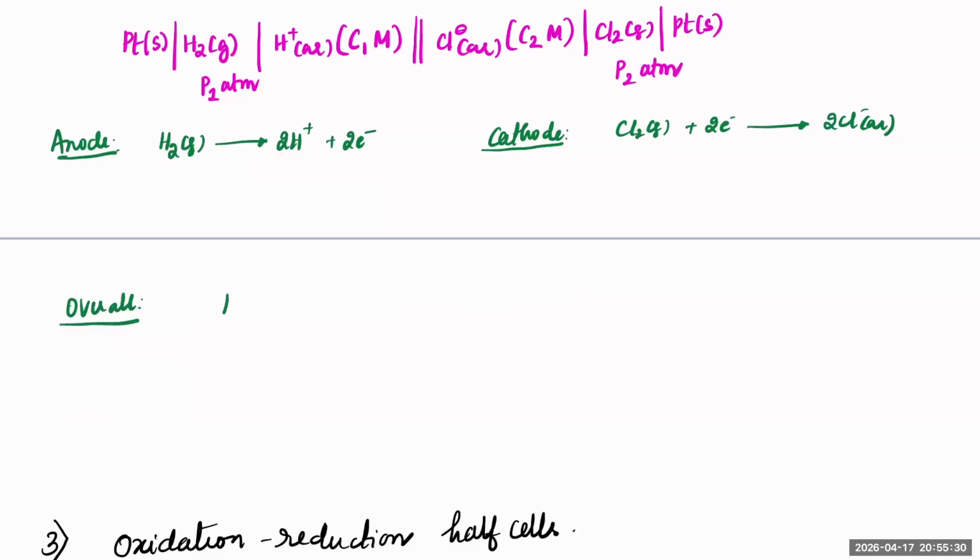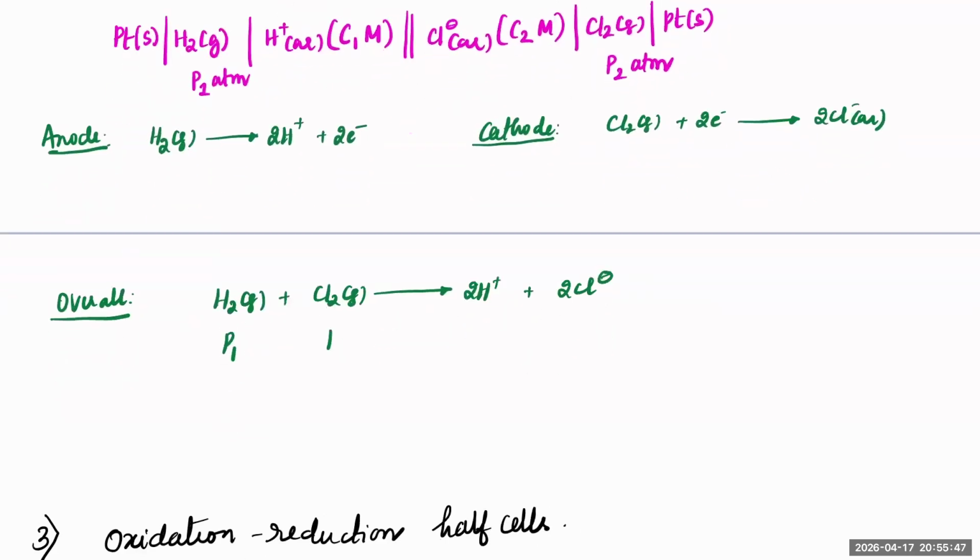Overall reaction will be H2 gas plus Cl2 gas giving 2 H plus ions plus 2 Cl minus ions. What is the concentration here? I mean pressure here. Pressure is P1 for H2 gas, chlorine is P2, and H plus is C1 molar concentration, and Cl minus is C2 molar concentration.